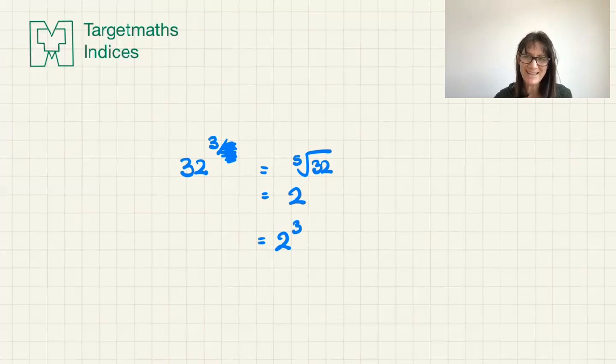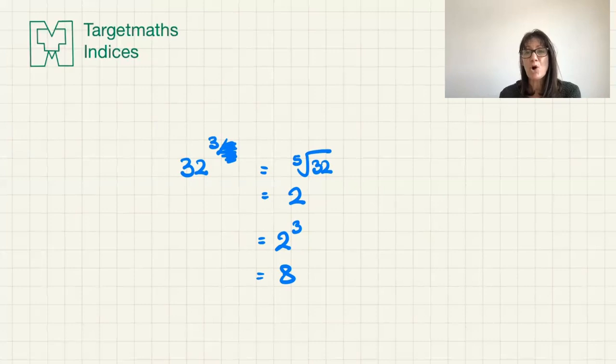So I hope that makes sense. That's how I see it. Do the root, and then the power that's left is an integer because I've got rid of the denominator. So the numerator now becomes a power of its own right on the result of the root step. So 2 cubed is 8.